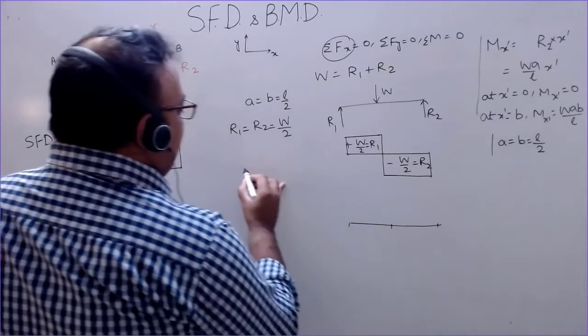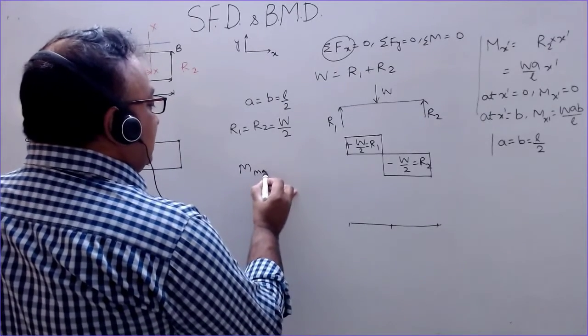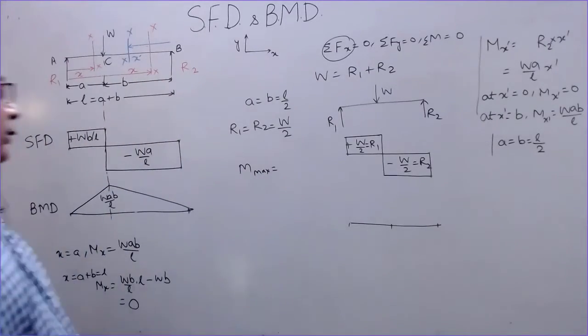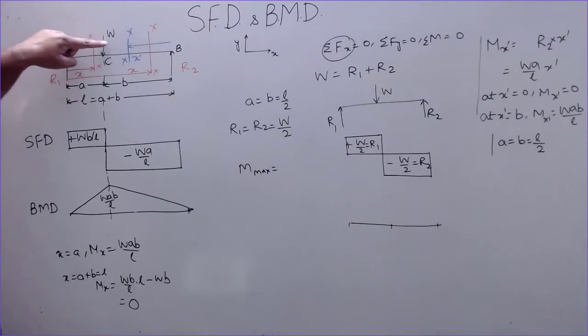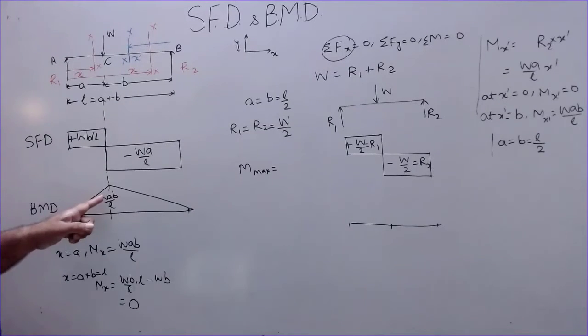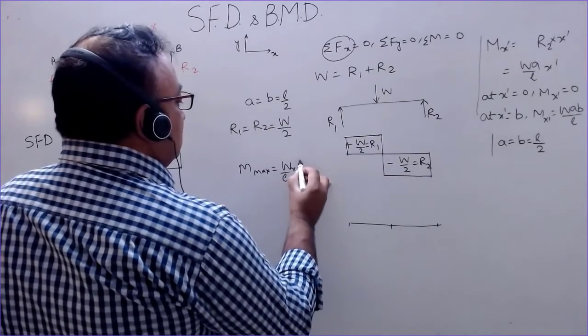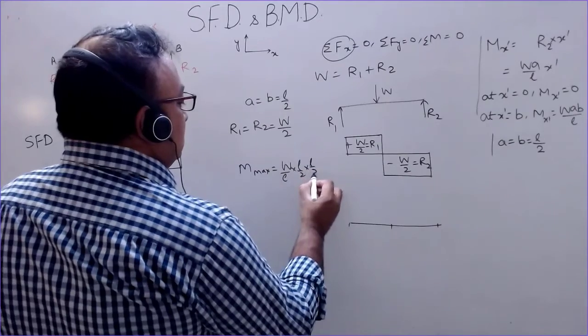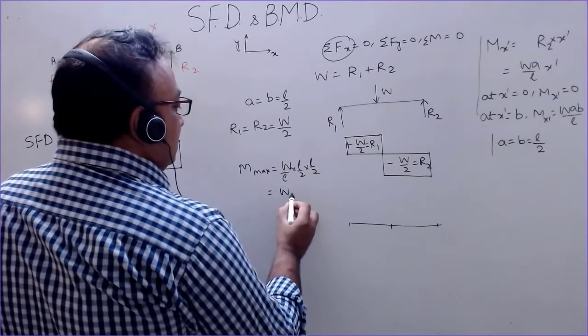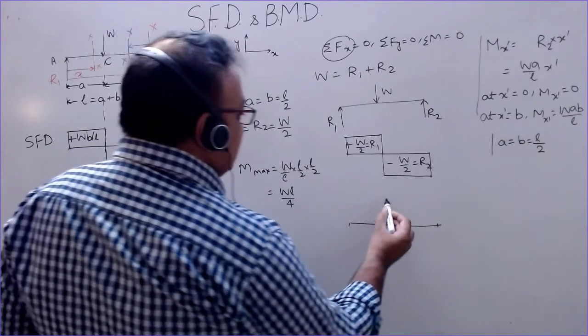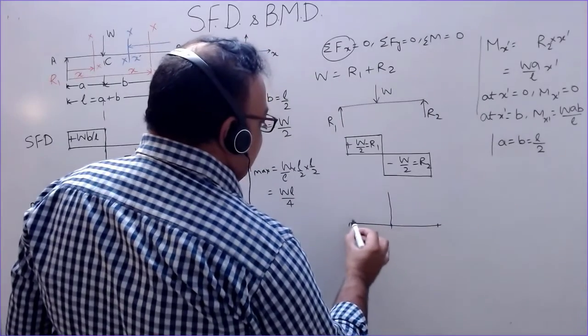the bending moment M maximum is always at the point where the maximum load is acting. Here it is only at one point, which is equal to Wab by L. If you put a equal to b equal to L by 2, so this is WL by 4 at the point where the load is acting.